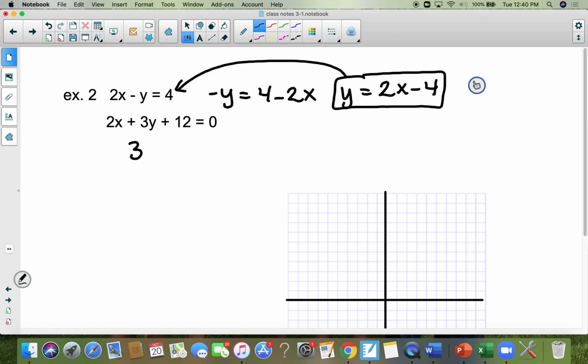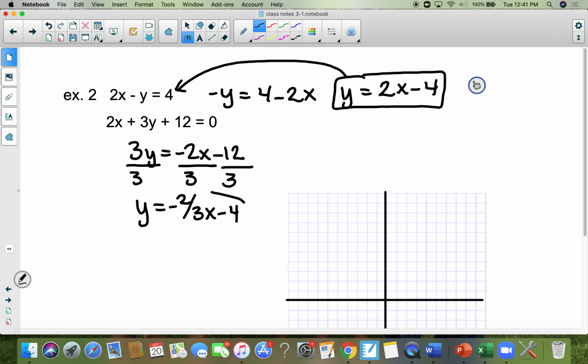This one, I'm going to subtract 2x and I'm going to subtract 12. So I subtracted 2x and I subtracted 12. And I'm going to divide everything by 3. So that's the first thing you have to do if you don't have y alone.